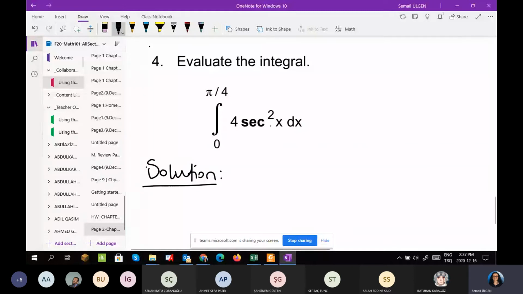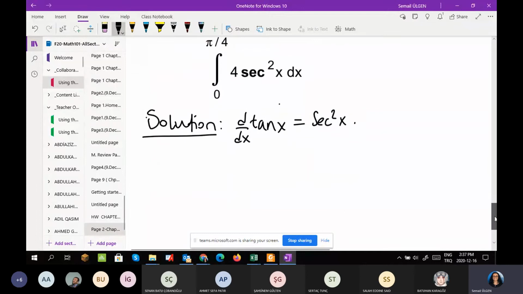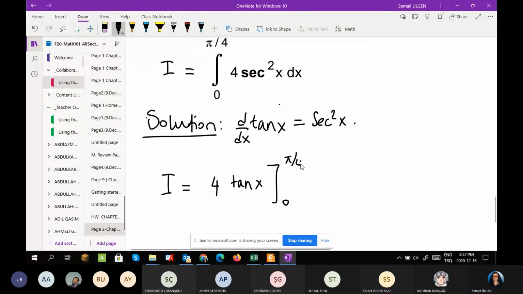Remember the derivative, d over dx of tangent x, is equal to secant squared x. So the antiderivative of secant squared x is tangent x. So I know that this integral, let's call it integral I, is equal to 4 times tangent x from 0 to pi over 4.